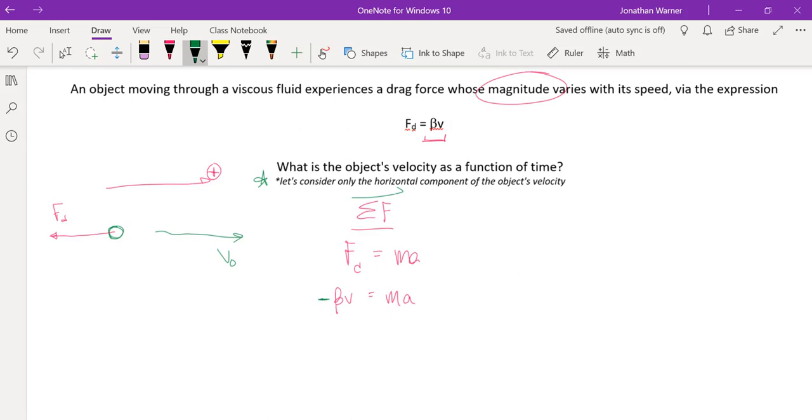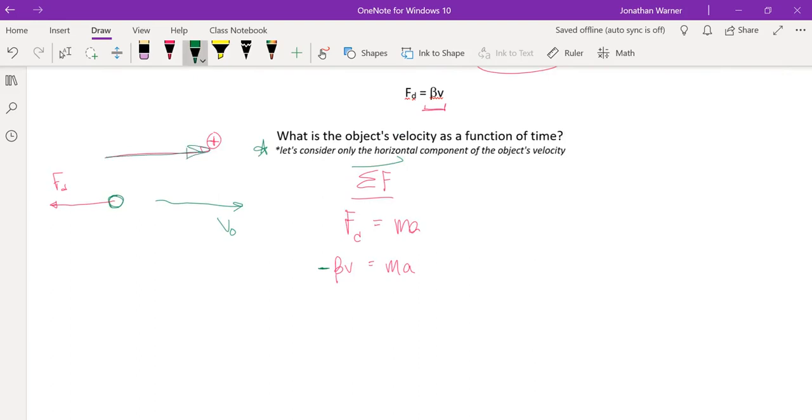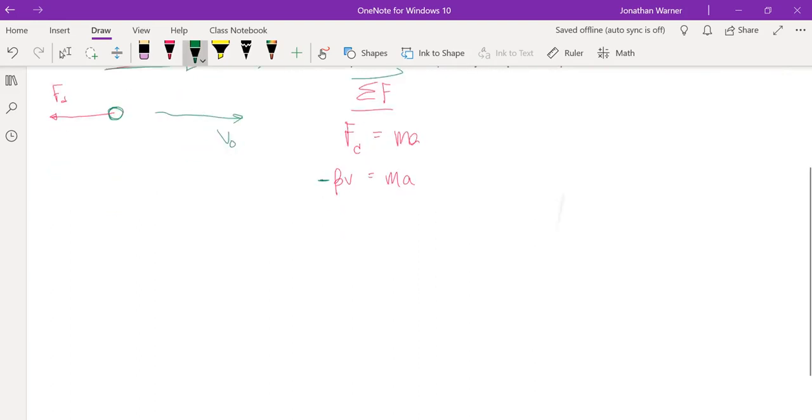What this says is that the acceleration vector and velocity vector point in opposite directions, and this acceleration is negative if this is the positive direction. I understand it might look like, aren't you making the velocity negative? No, what I'm saying is pick a number for velocity, and the acceleration is negative. Even though I put the negative here, I'm not saying the velocity is negative, I'm saying the acceleration is.